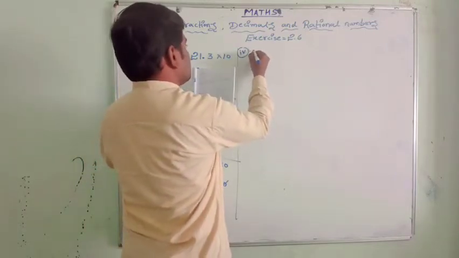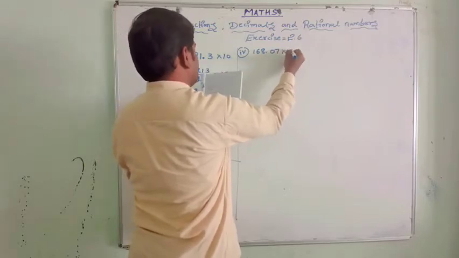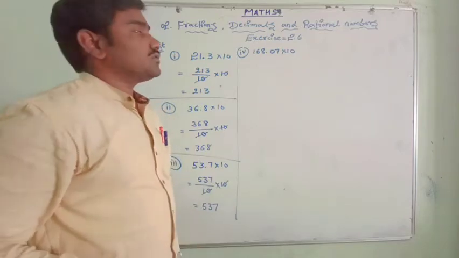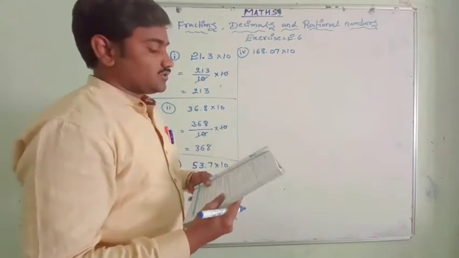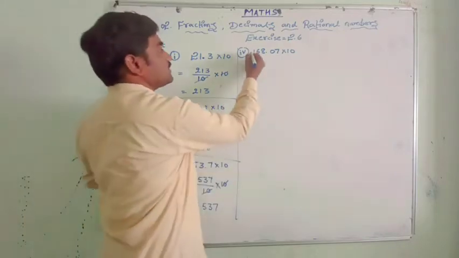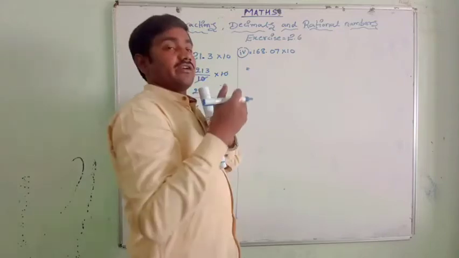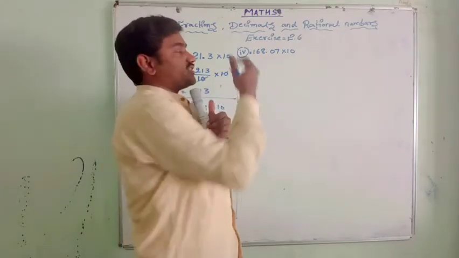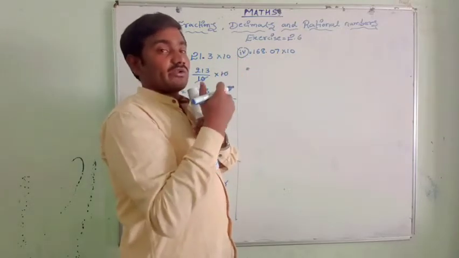That is 168.07 into 10. So, let's do this problem again in the same method. Here I am going to do decimal into fraction, then fraction into decimal. So I will tell you how to do both.